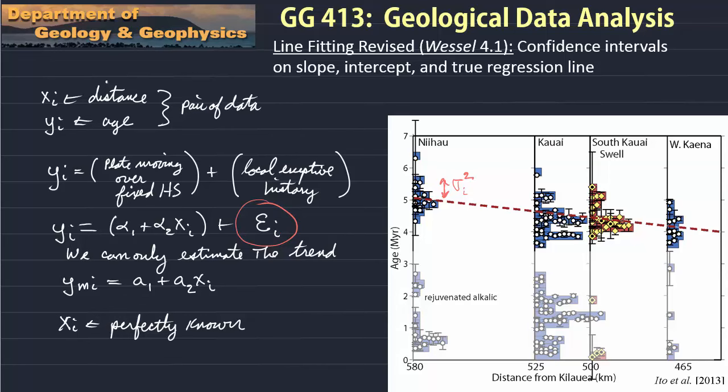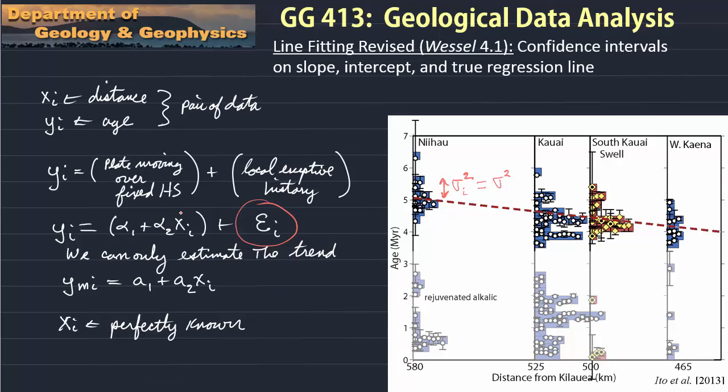And in this analysis, we're going to assume that this variance is constant for each volcano. So sigma squared will be the variance about the linear regression trend for all the volcanoes, which is constant.